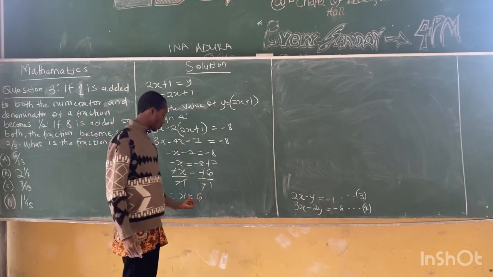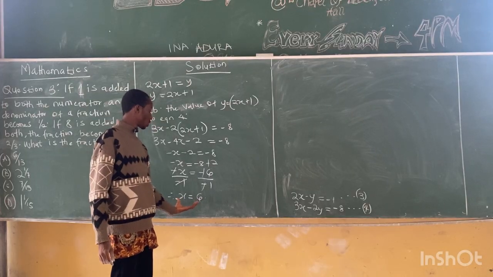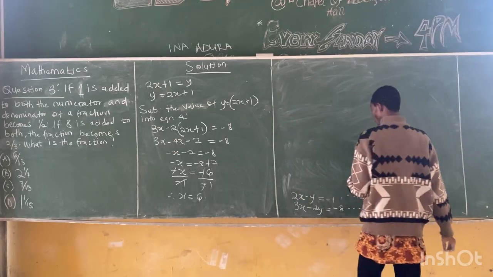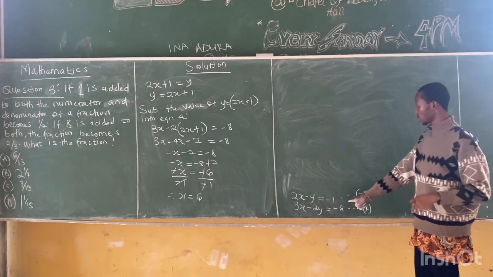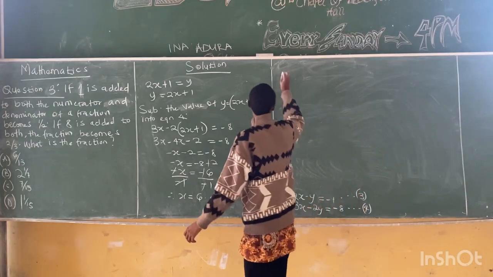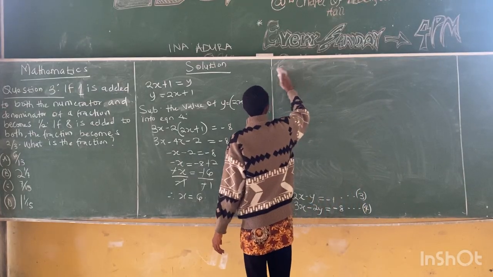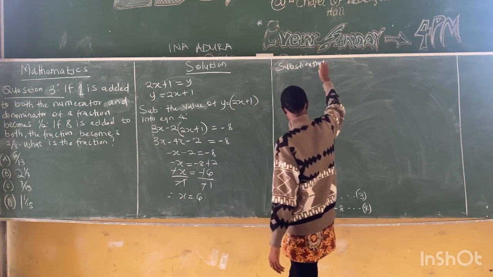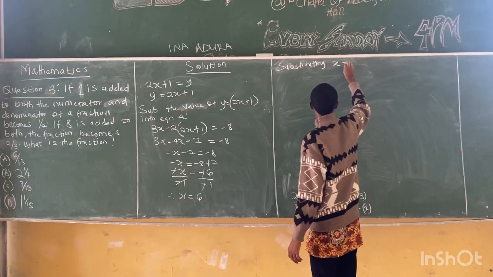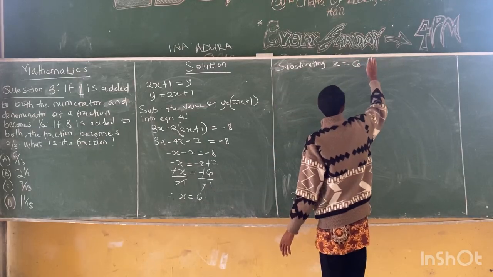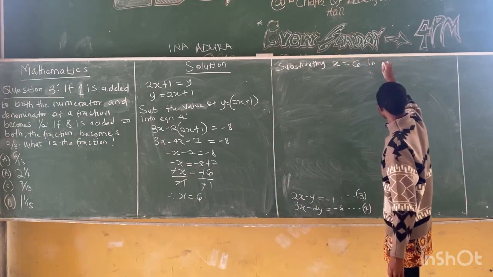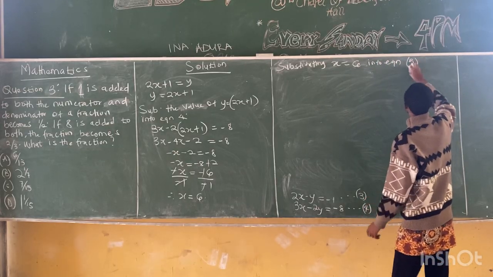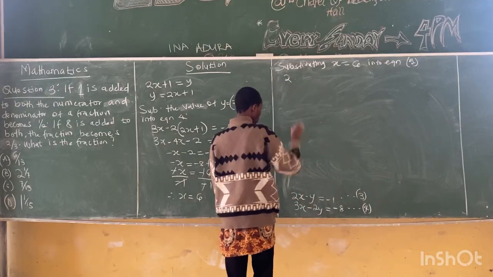What we need to do next is to substitute the value of x, which is equal to 6, into any of these equations, either equation 1, 2, 3, or 4. Substituting it into equation 3, this is equation 3: 2x minus y equal to minus 1.